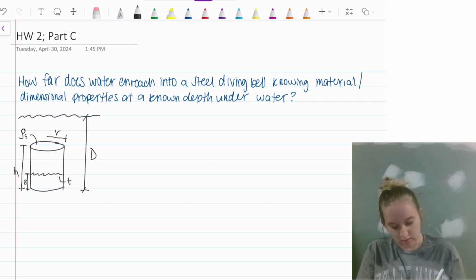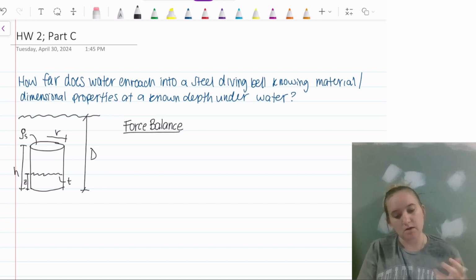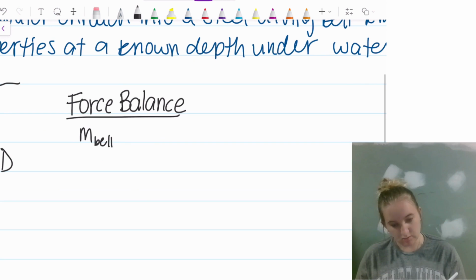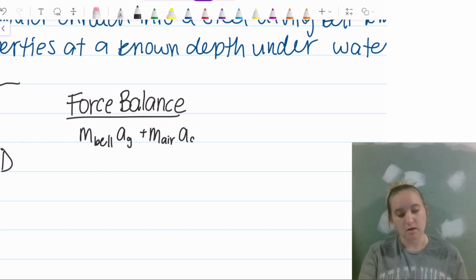But if we want to start with a force balance, we'll start here. So we know that F equals ma.